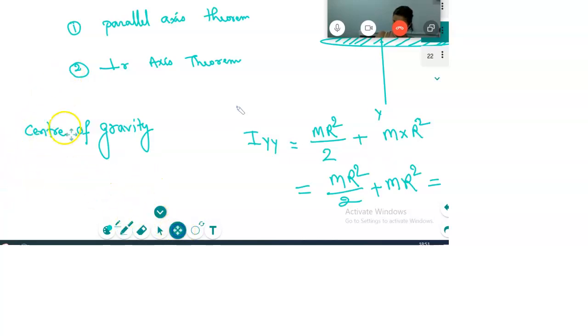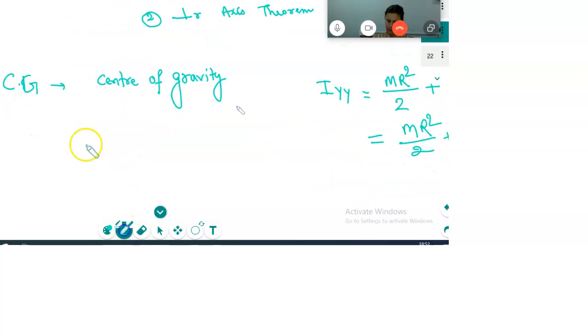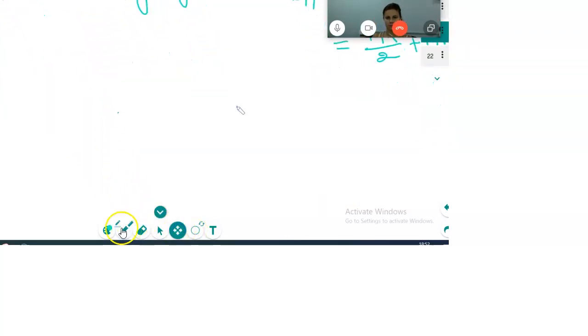Now, the perpendicular axis theorem is very simple. Perpendicular axis theorem means something is perpendicular.